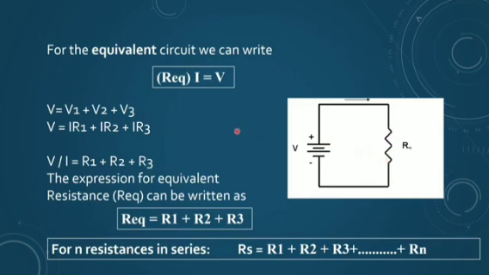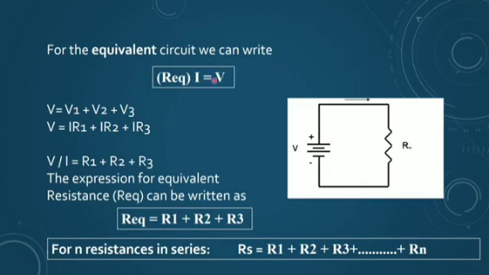So V equals V1 plus V2 plus V3, and putting in the values of V1, V2, V3, I get V equals IR1 plus IR2 plus IR3. Now this is one equation, and the other equation comes from the equivalent circuit.